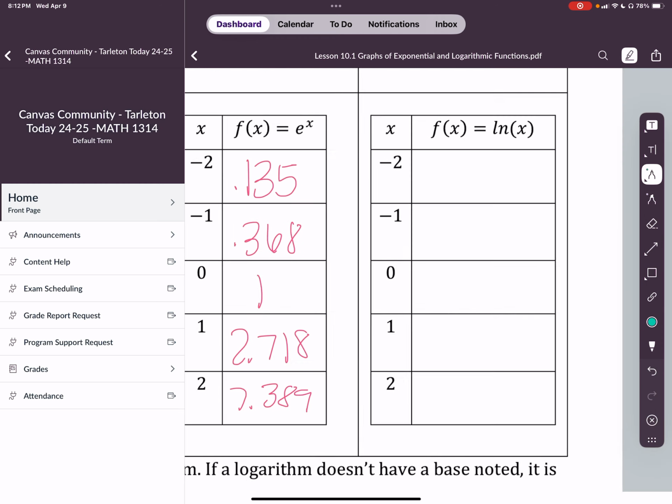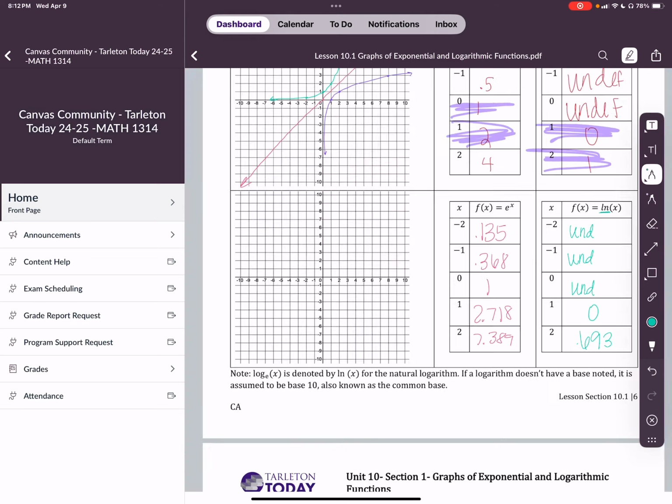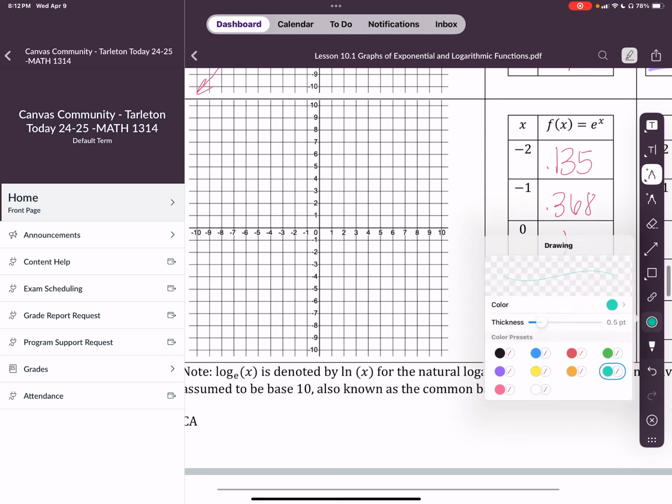And then this right here, LN, that means natural log. So -2 is undefined, -1 is undefined, 0 is undefined. 1 is 0, 2 is 0.693. And so we're going to graph these again.